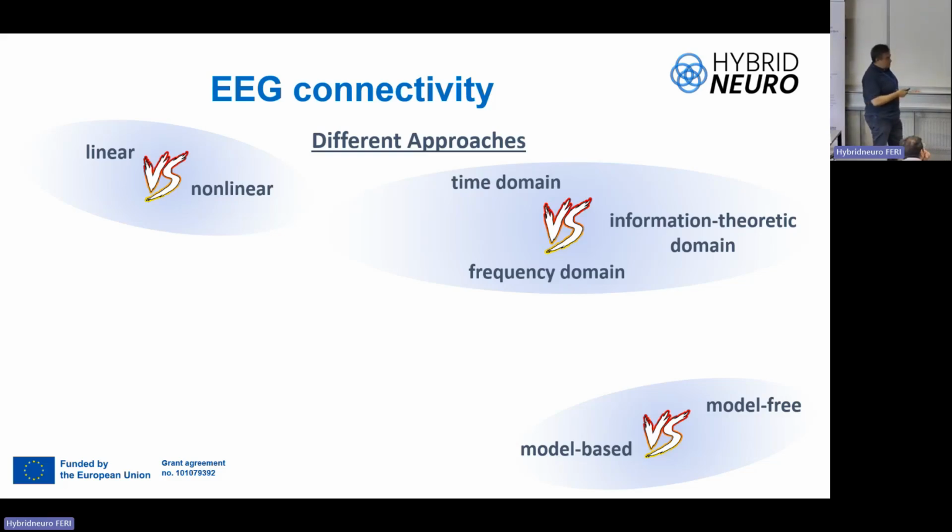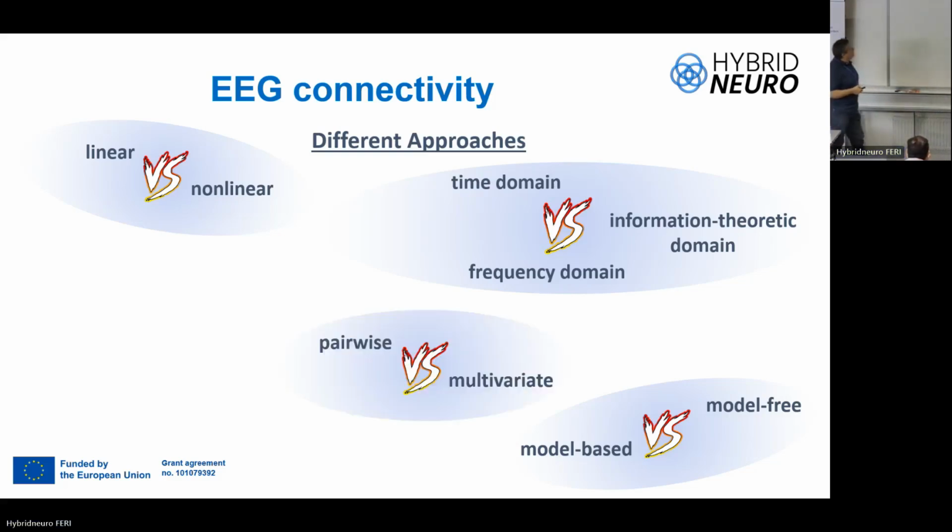Also pairwise and multivariate. We have always worked selecting a couple of EEG channels, but it could be possible to evaluate not only two, but a group of channels, as multivariate.